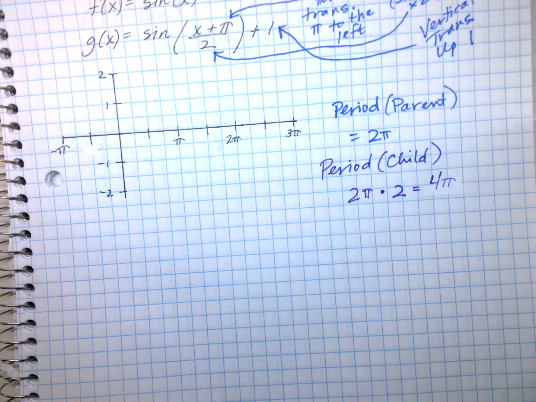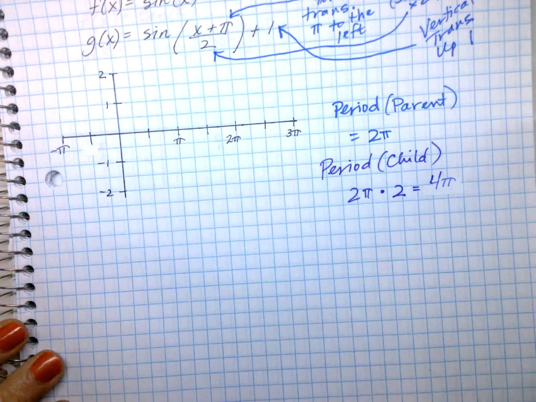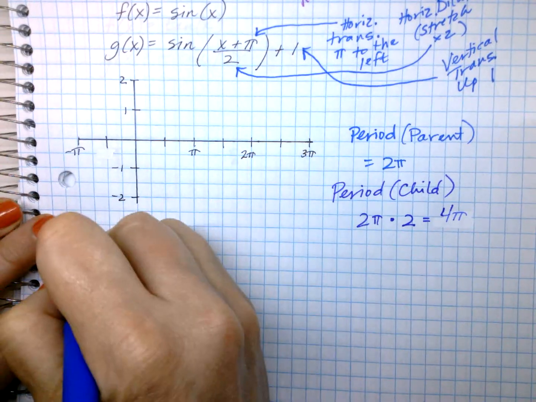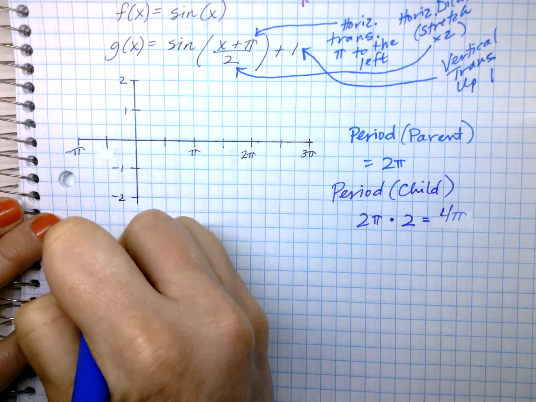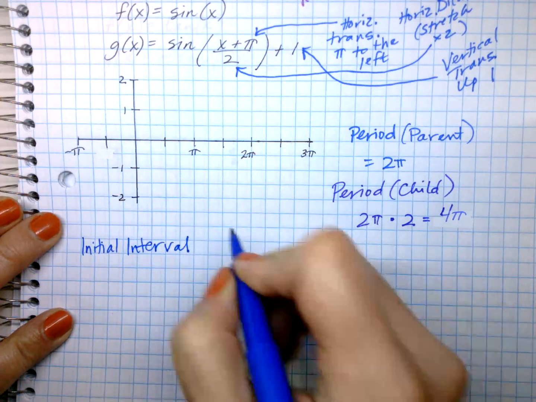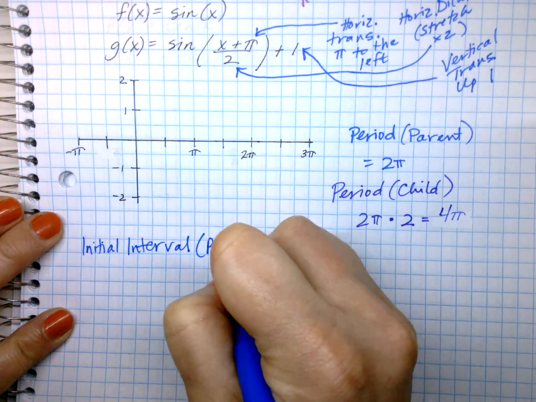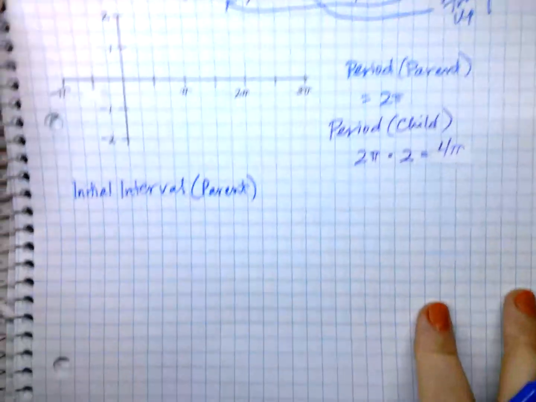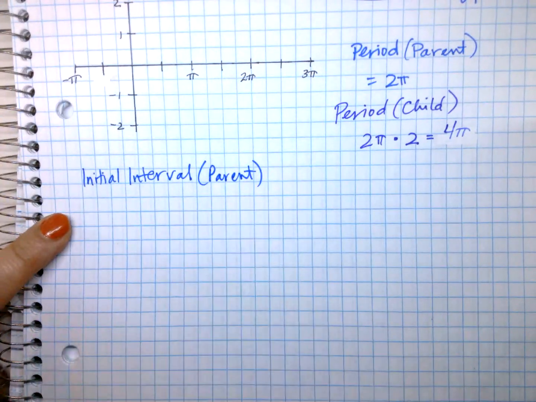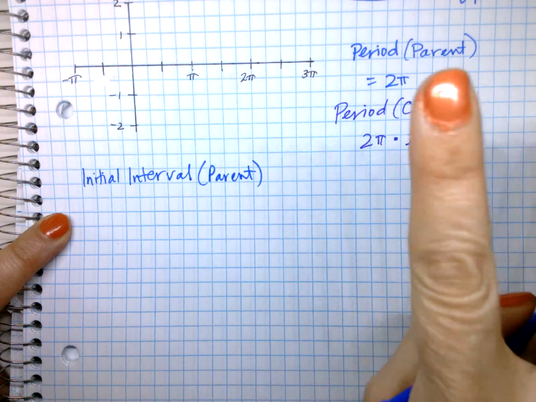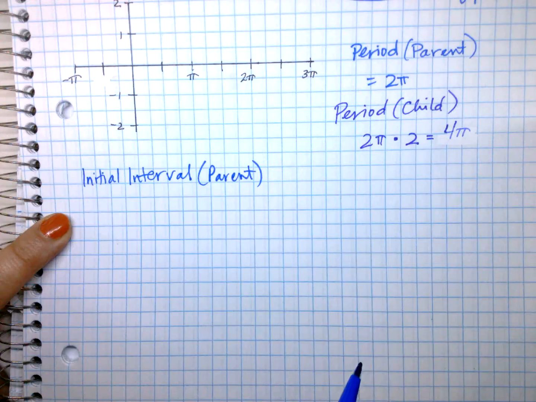Now let's talk about something called the initial interval. So if you look back at the original function of sine of x, this is related to the period, but we haven't really talked about this specific vocabulary before in class. The idea is, where's the quote unquote main portion of the graph?